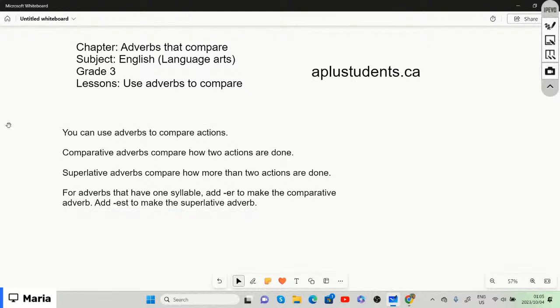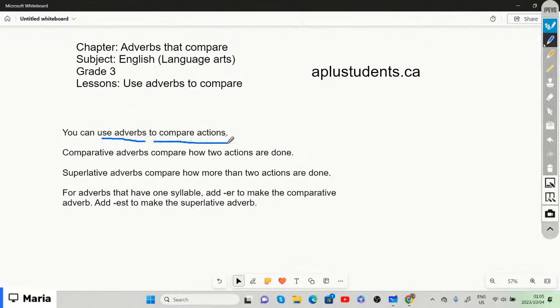Remember, adverbs tell us more about the verb or about another adverb. So we use adverbs to compare actions that are taking place.